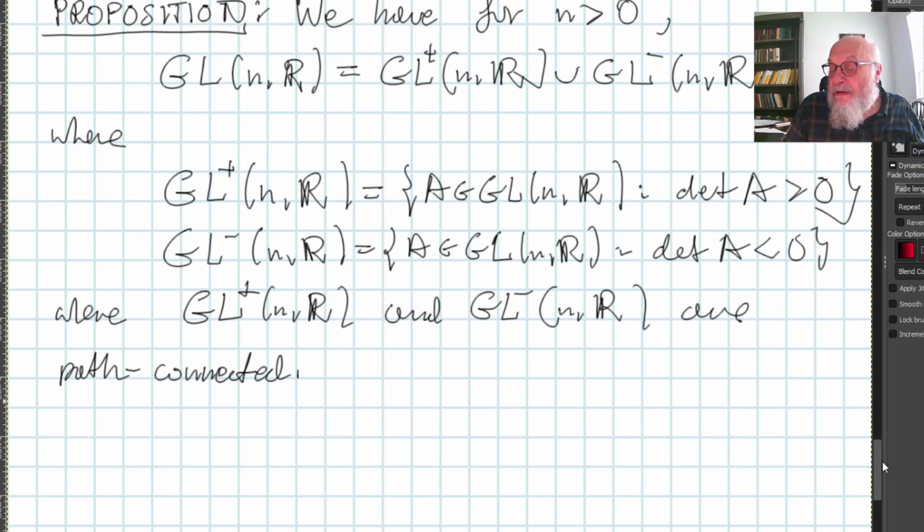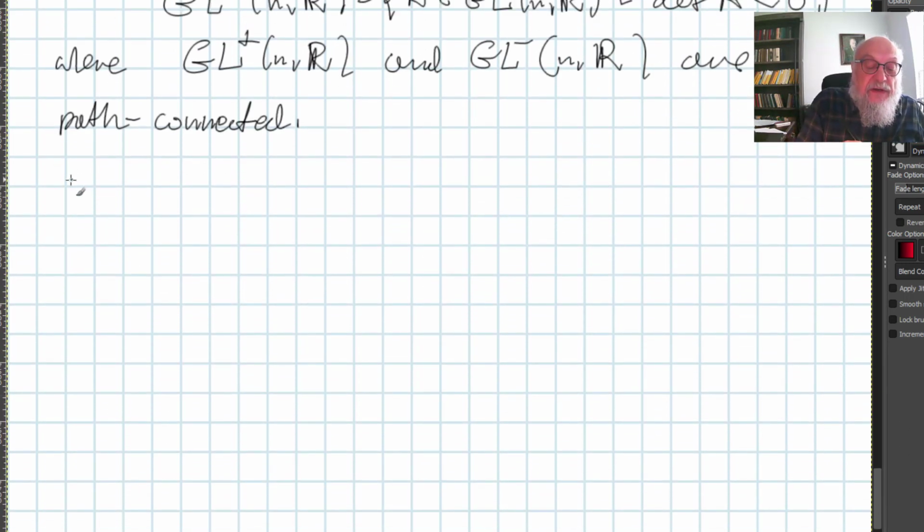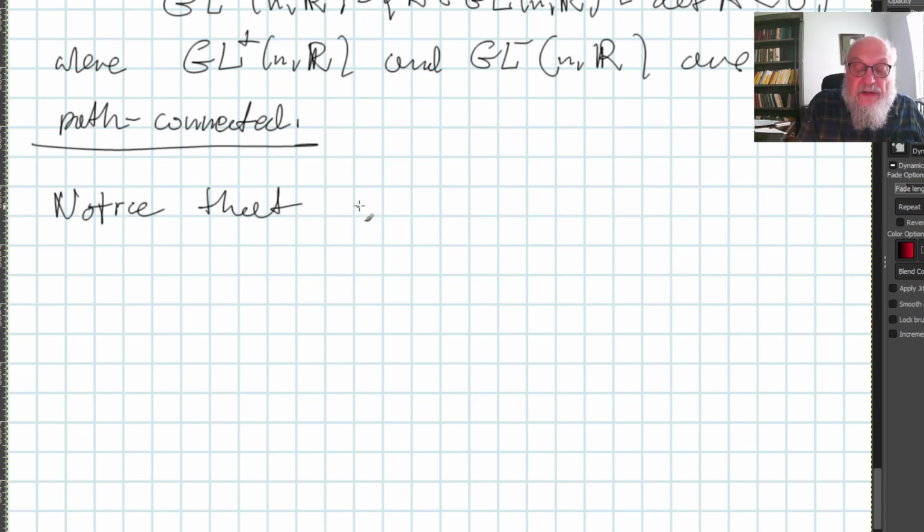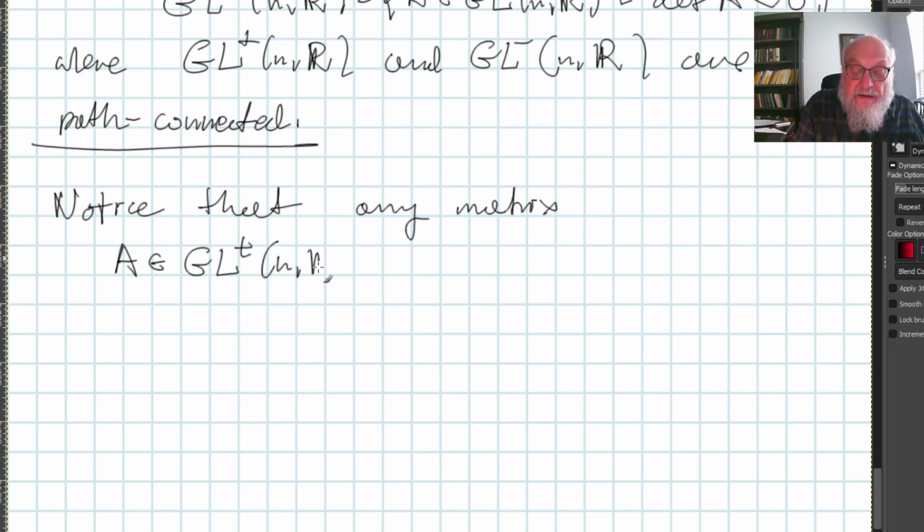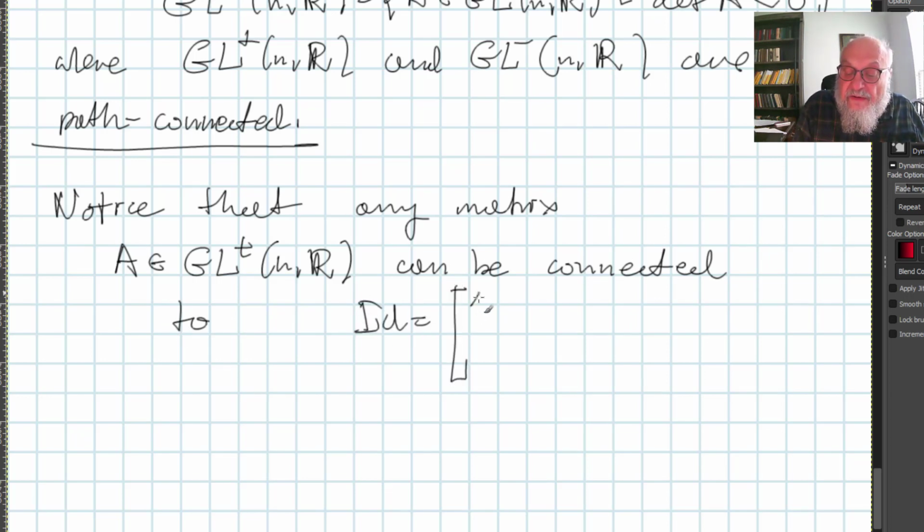Notice that the statement tells you that any matrix A in GL plus(n, R) can be connected to the identity matrix.